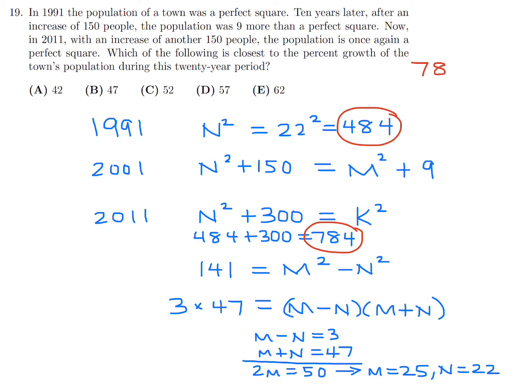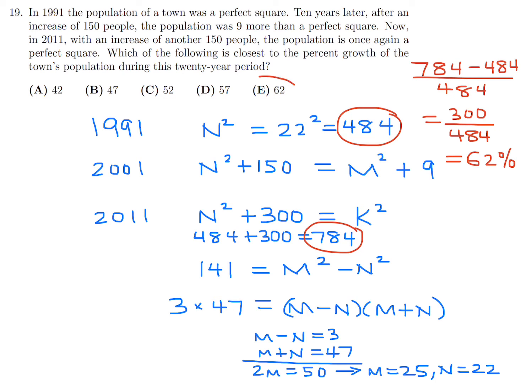Well, to do that, it's just 784 minus 484 all over 484. So 300 over 484. And that's going to be 62%. So number 19, the answer is E.